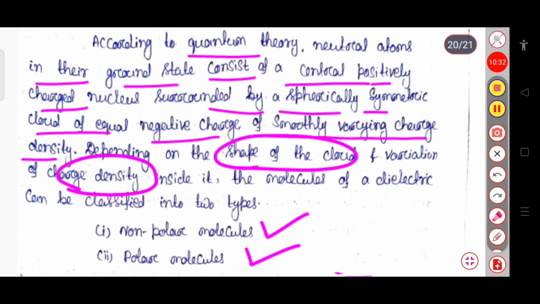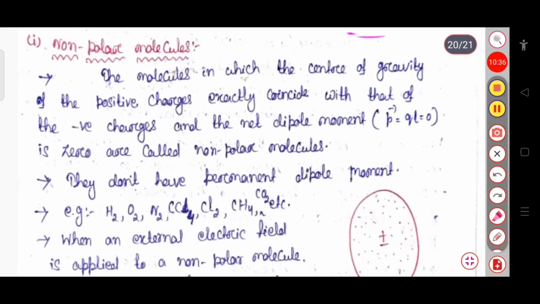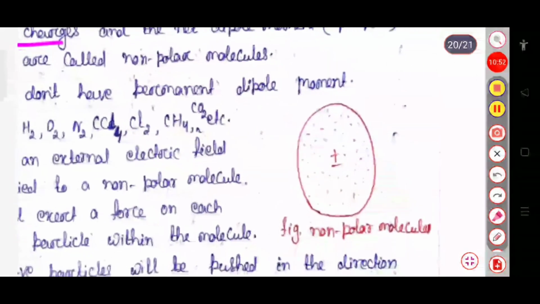Now see, what is a non-polar molecule? In the case of a non-polar molecule, the center of gravity of the positive charge exactly coincides with that of the negative charges. In this diagram, you can see the positive charge and the negative charge.